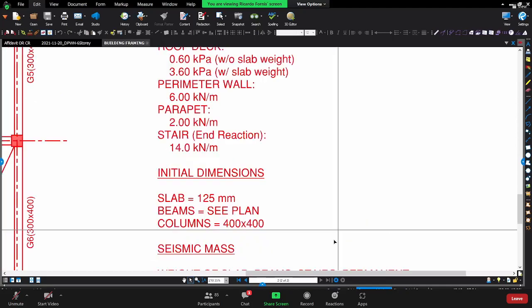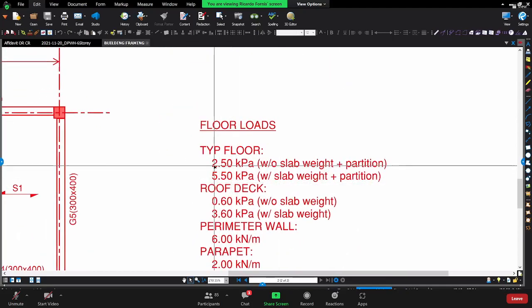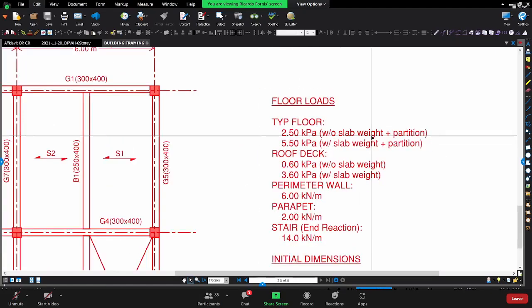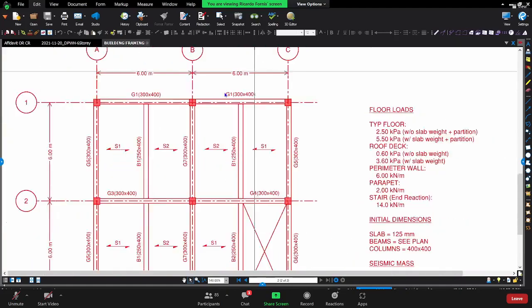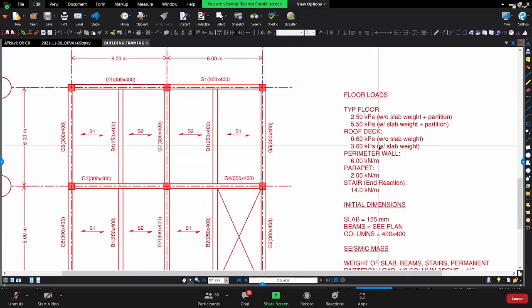Now, for the slab weight, we can easily calculate the seismic mass. Kaya naman tayo i-consider during area load. So just have to multiply this area load with the area. So makuha din mo ang weight. For the roof deck, 3.6 times the area, kuha mo ang self weight.